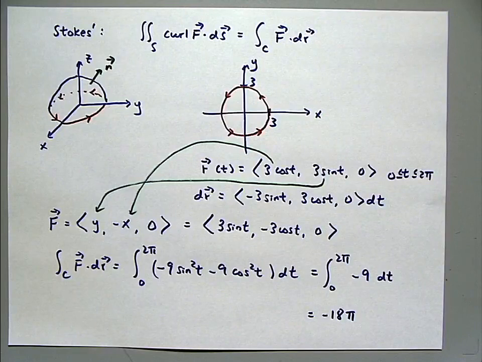Once again, imagine you're walking on the boundary curve, then your head should be in the same direction as the normal vector. So the boundary orientation is already determined. I have to walk this way, and if I walk that way, then my head points towards the normal vector. So the normal vector must be pointing out. So this means that we want n to have positive i, j, and k components, right?